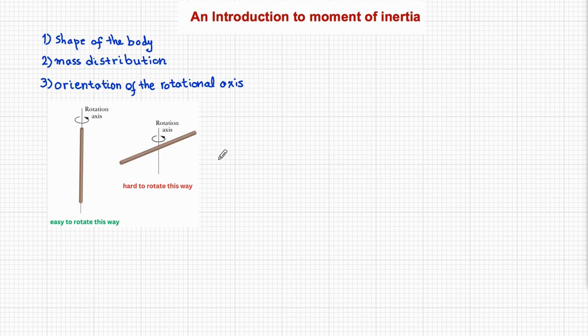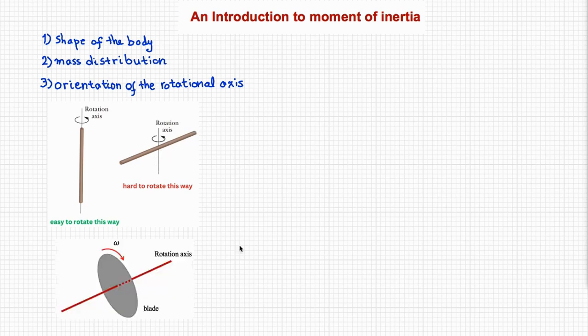But why is that? Because in the left figure, the mass of the rod is distributed closer to the rotation axis. But in the second situation, the mass is distributed far away from the rotation axis, depending on the length of the rod.